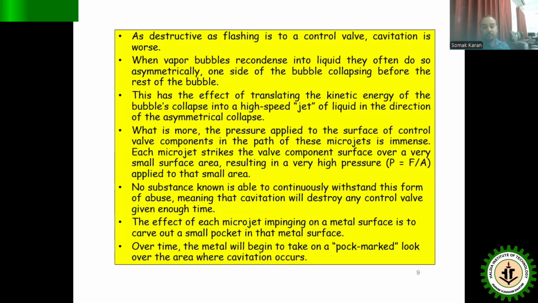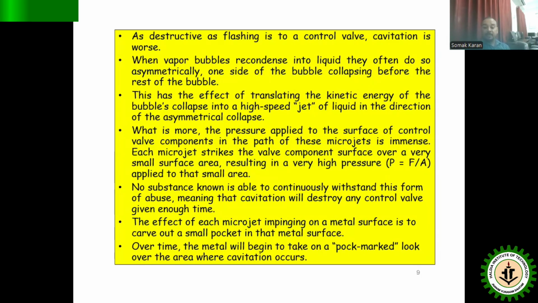Each microjet strikes the valve's component surface over a very small area. The orifice is a very small area of the valve through which the liquid is controlled, so in that very small area the microjet strikes will hit repeatedly if flashing and cavitation have happened.